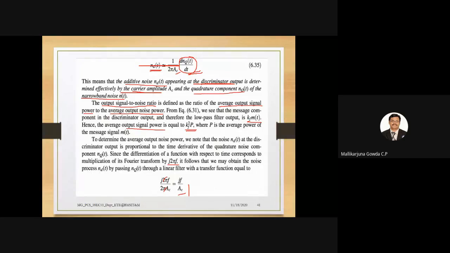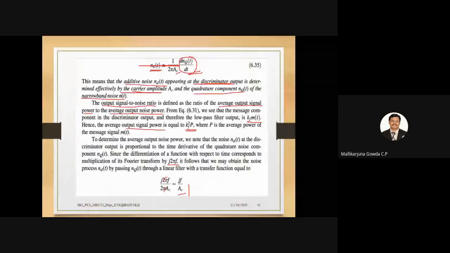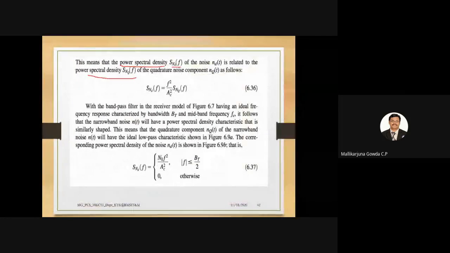This expression is for this n_d(t). So S_nd(f) is the power spectral density of the noise at the discriminator, which is equal to f squared by A_c squared into S_nq(f), where S_nq(f) is the power spectral density of the quadrature noise component.